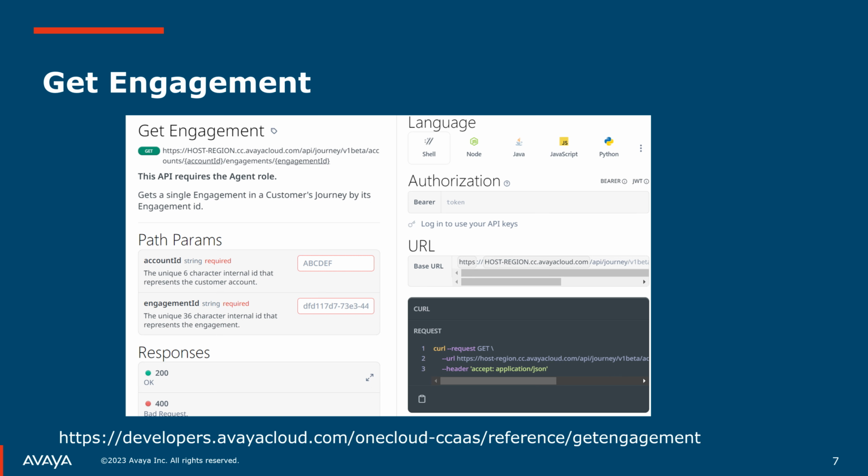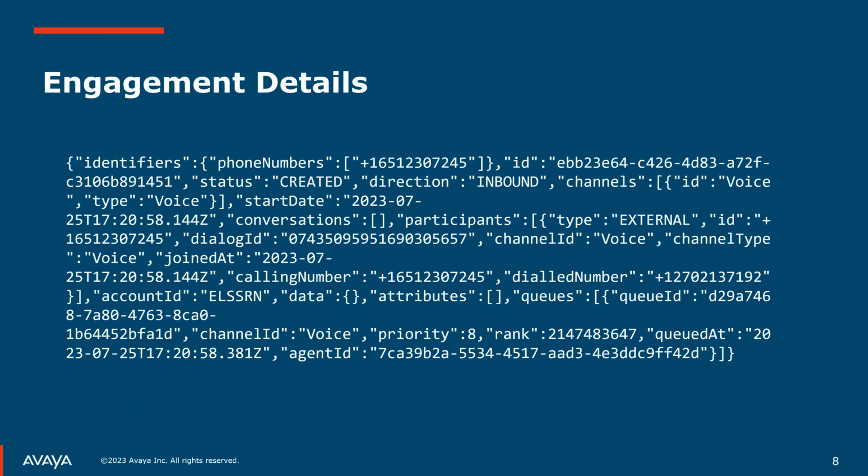What you're looking at is a page from the AXP API developers documentation. You see a link at the bottom of the page there. And so I use this API call to, again, translate an engagement ID into information about the engagement. This is what Get Engagement returns.